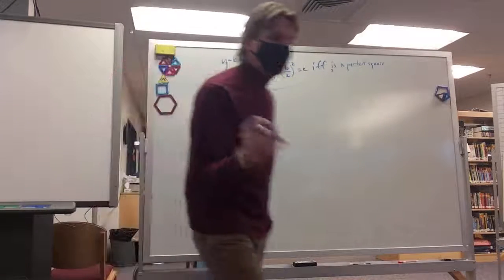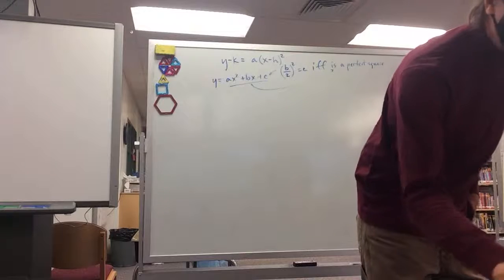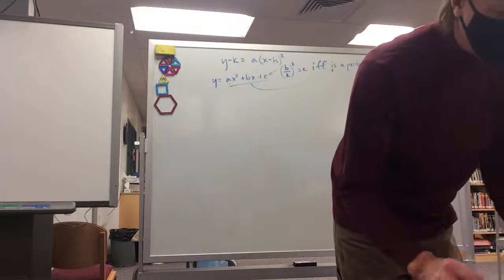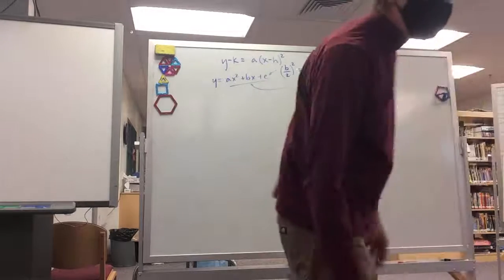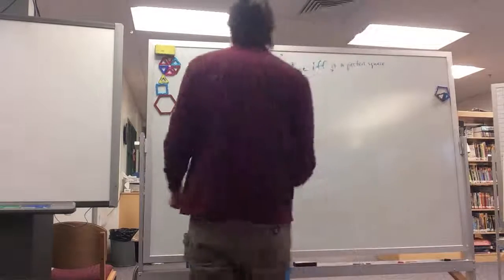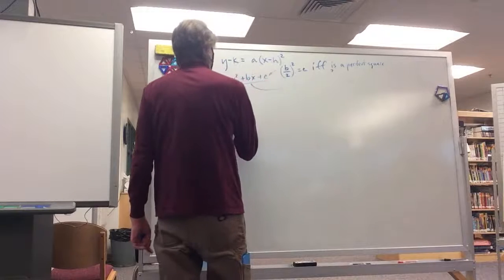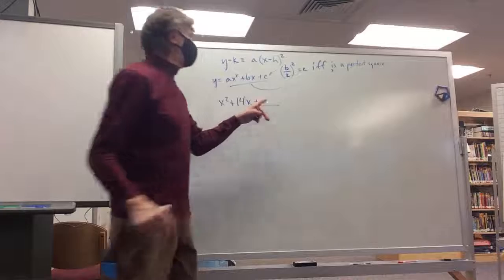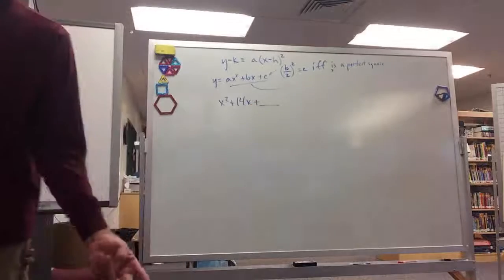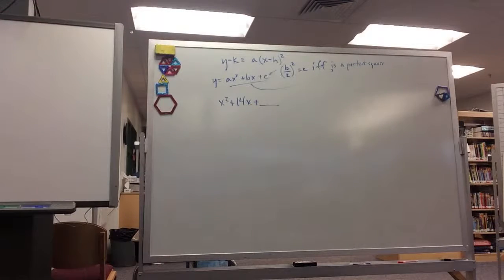So for example, if you looked at the question that you had to complete, pick one of these numbers here, number 2, which is x squared plus 14x. What we're going to put here is going to be b over 2 quantity squared.